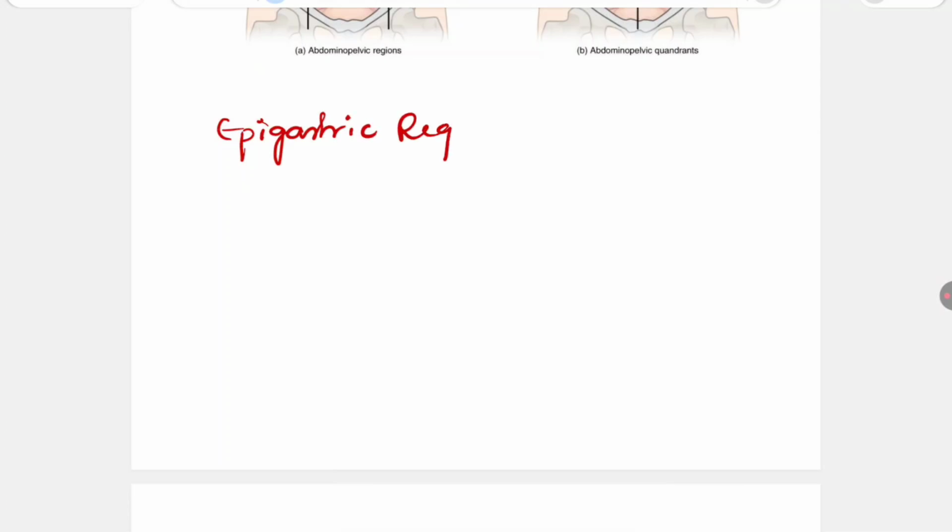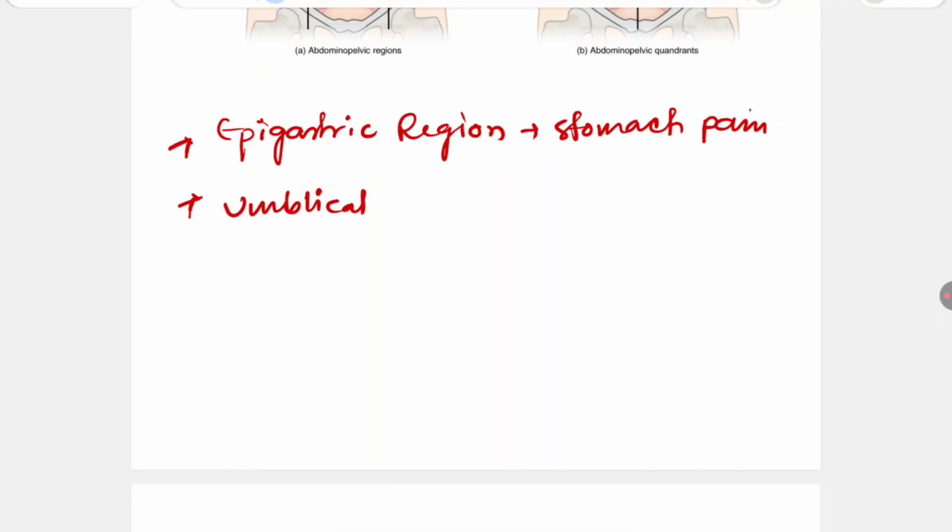In the umbilical region, we are checking the intestine area, because the intestines are present there. Next we go to the right iliac region, that is for the appendix.